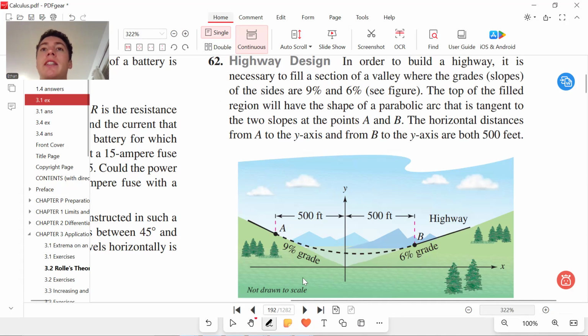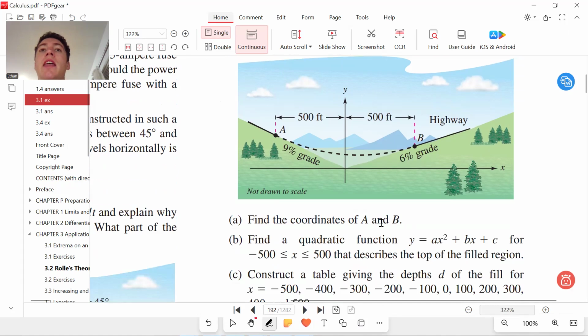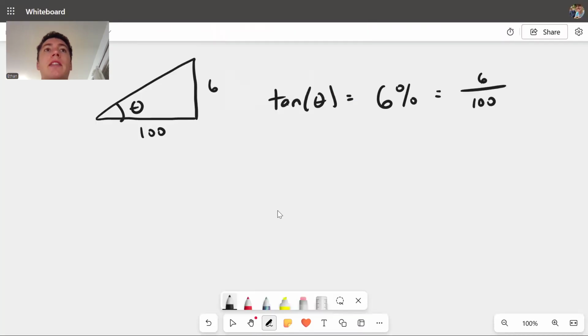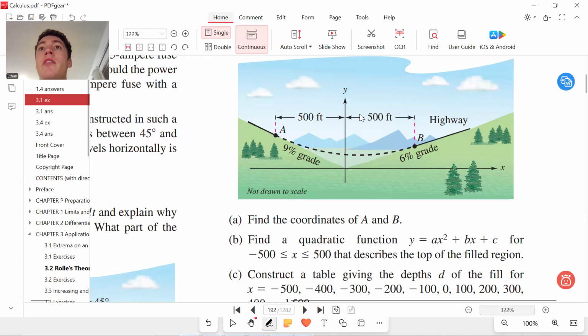They gave us a nice XY coordinate plane, and they're telling us to find the coordinates of A and B. So let's go back to this diagram. We know that for B, we're talking about a 6% grade, but instead of a base of 100, now we have a base of 500, and that just comes from the 500 feet that they have here.